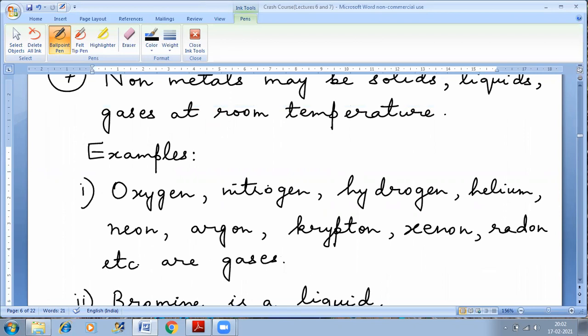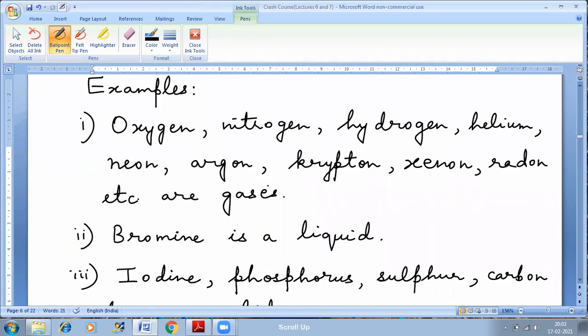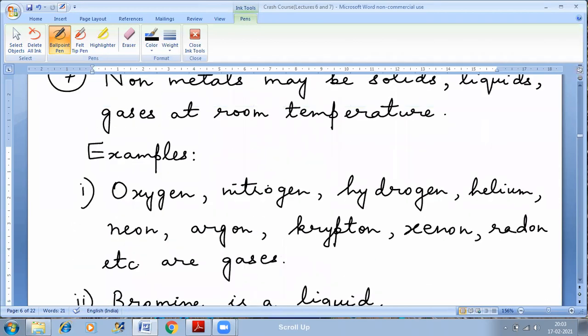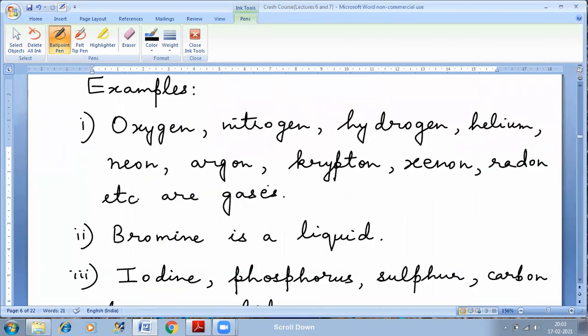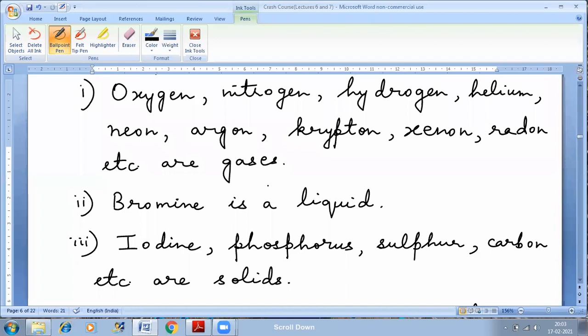Yes. But there are many solids, there are many gases. But there is only one liquid. These are gases, and iodine, phosphorus, sulfur, carbon, etc. These are solids.